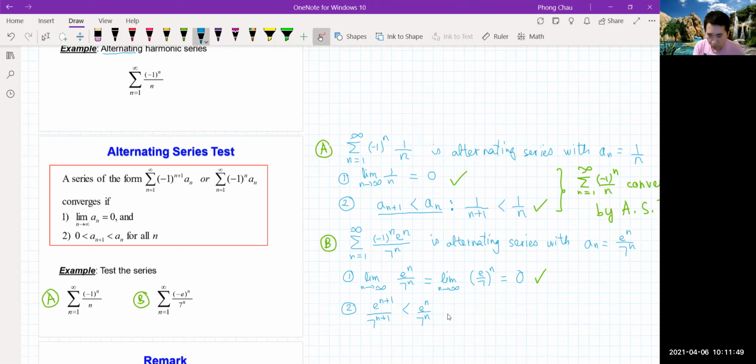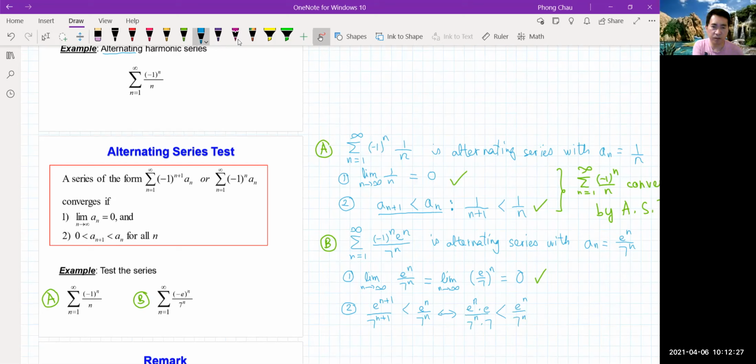So one way to do it is to simplify using algebra. When you rewrite, e to the n plus 1 is the same as e to the n times e to the first power. That's equivalent. 7 to the n plus 1 is 7 to the n times 7. And then you have e to the n over 7 to the n. It's still less than. Again, I'm checking to see if it's true.